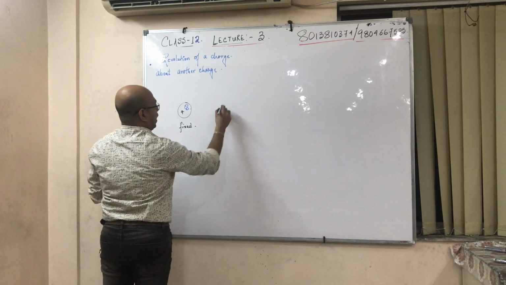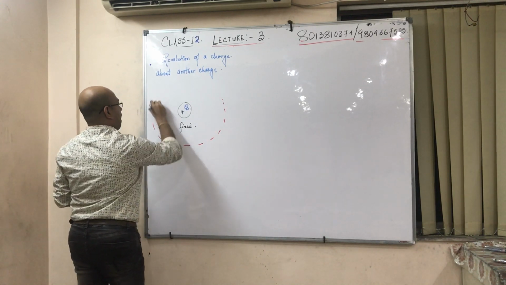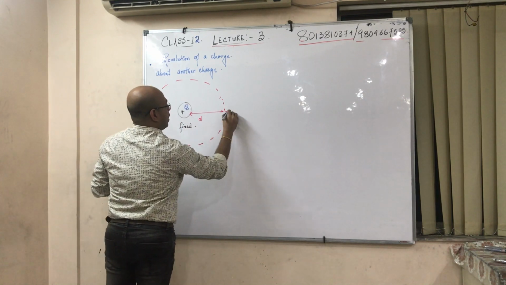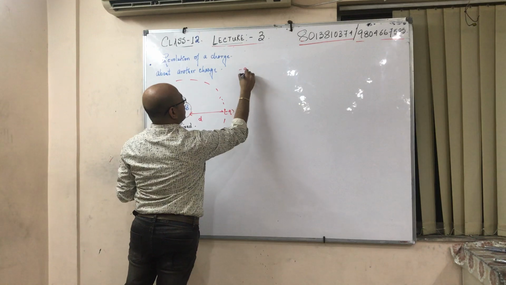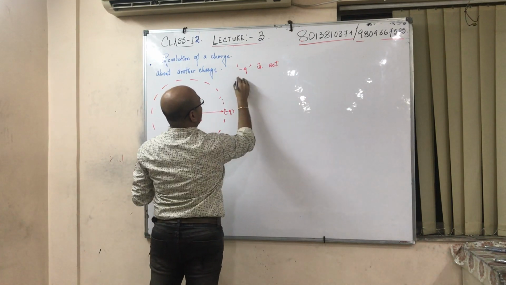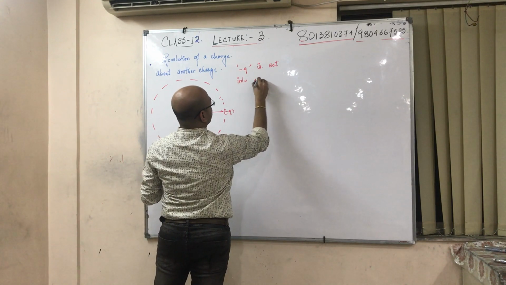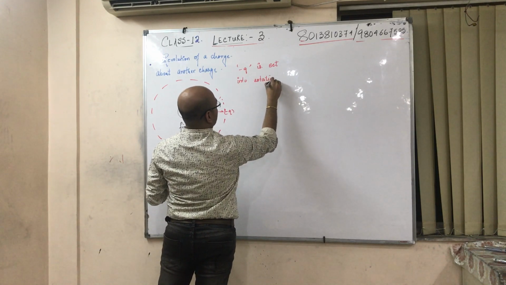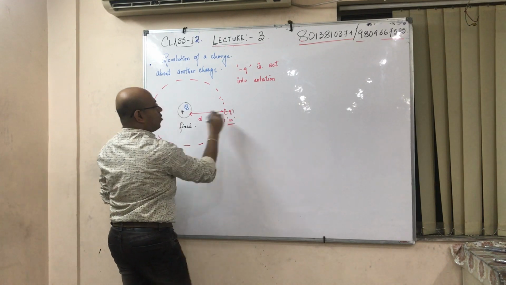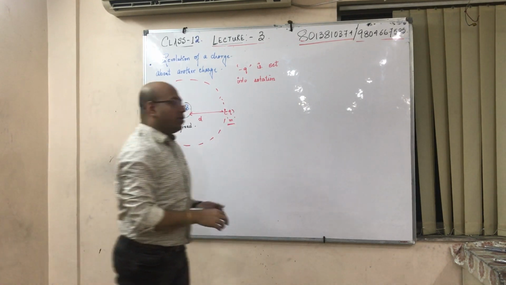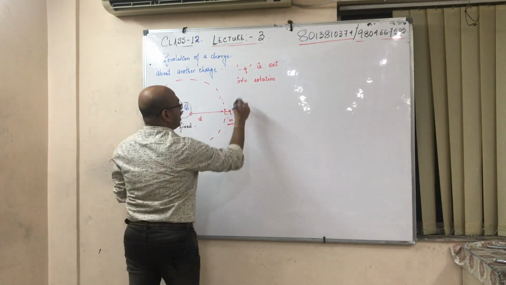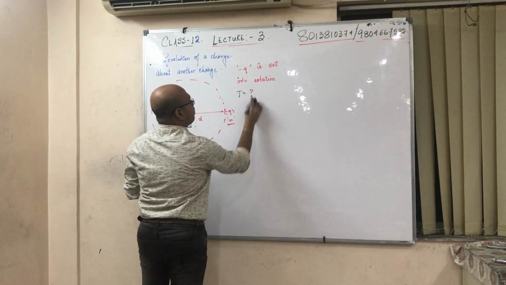And at a distance d, say there is a minus Q. Say the question says minus Q is set into rotation. The mass of the body is small m. So what we need to find? We need to find the time period.